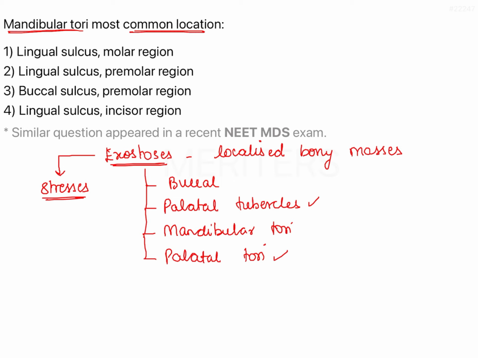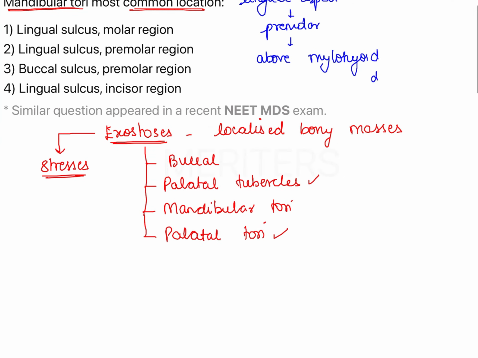Now getting back to the question, we now know the most common location of the mandibular torus, which is on the lingual aspect of the mandibular premolar region, first and second premolar region, and specifically above the mylohyoid line or mylohyoid ridge.